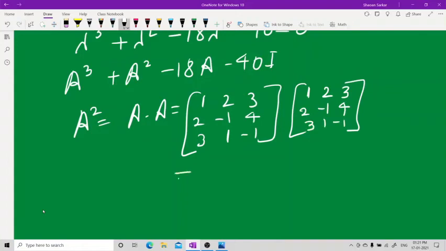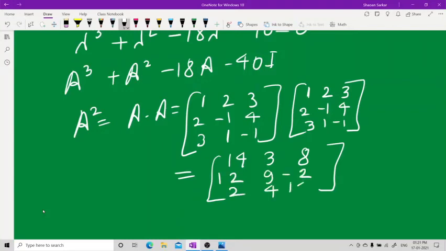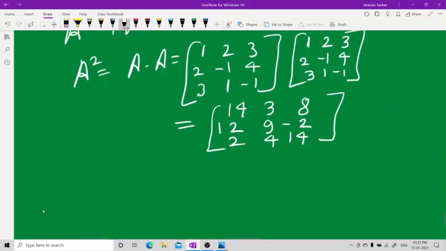I have already told you how to multiply two matrices. I'm just giving you the answer directly now. I'm not doing the multiplication here. That is your homework. 14, 3, 8, 12, 9, minus 2, and then 2, 4, 14. This is A square.